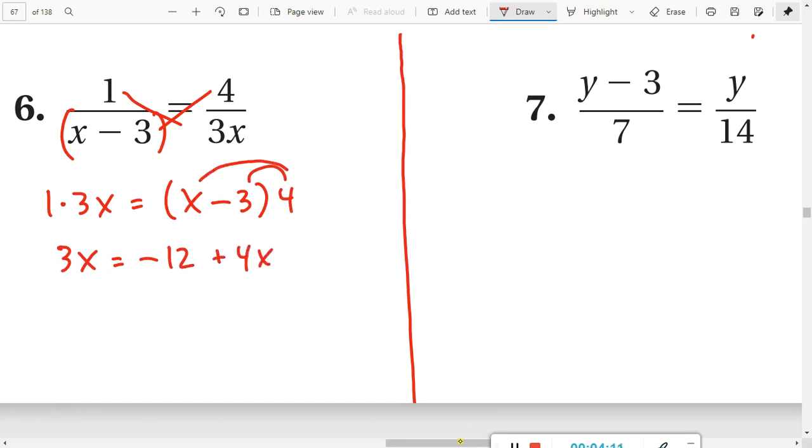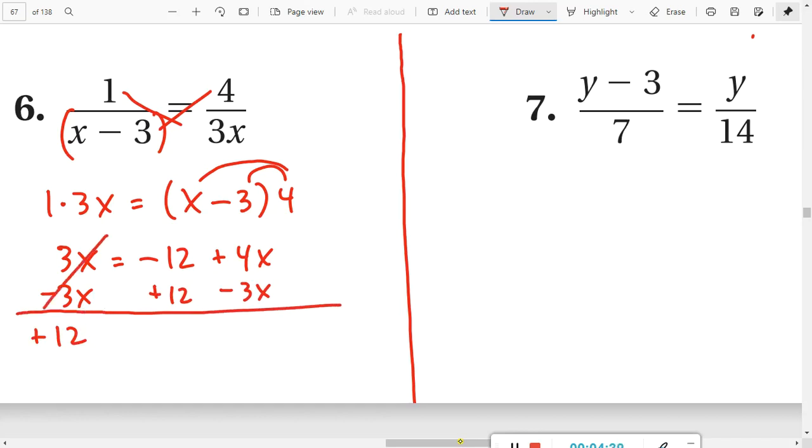Okay, so I'm going to do minus 3x on both because I want the x's on one side. And I'm going to do plus 12 on both because I want the numbers on the other side. 3x minus 3x cancels. Bring down the equal sign. 12 minus 12 cancels, and 4x minus 3x is just x.